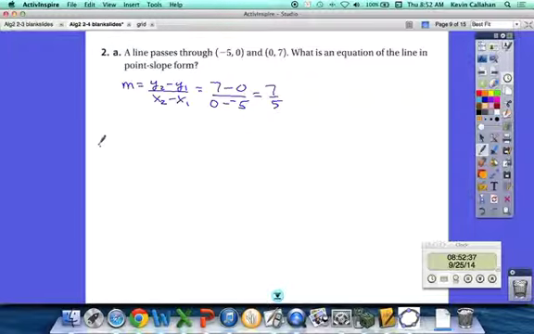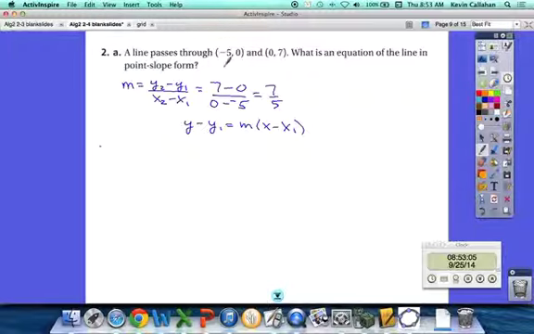Okay, now we've got y minus y1 equals m times x minus x1. Now, I'm pretty sure they say to put it in point slope form. Now we got our slope. Now we need a point. We've got 2 points. Which one do you have to use?